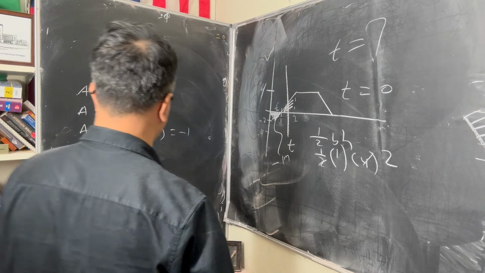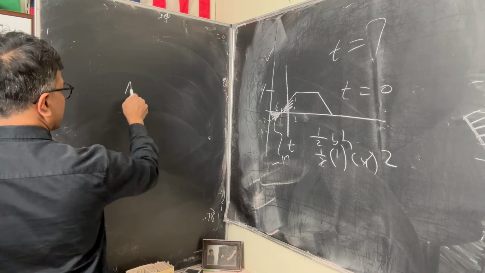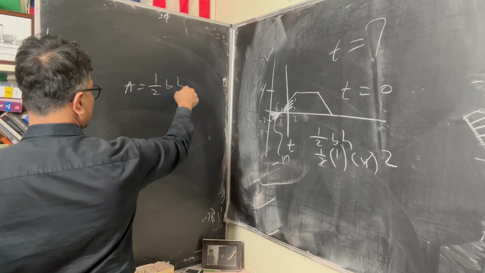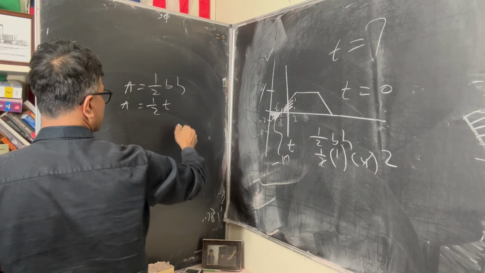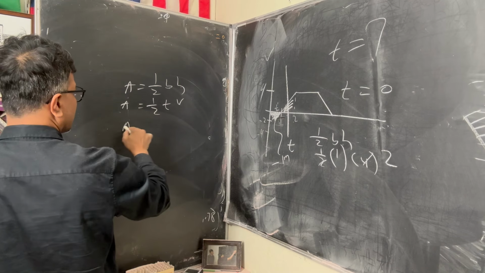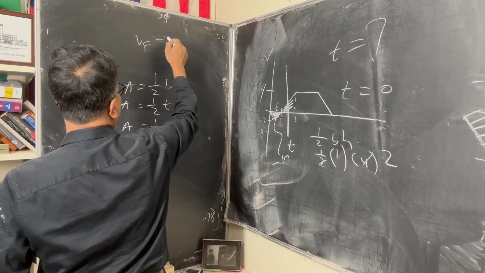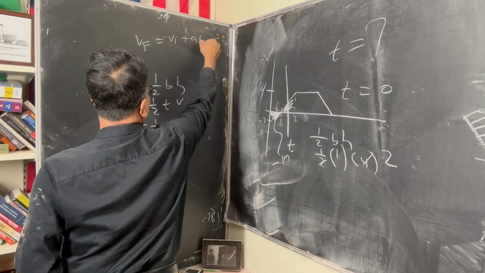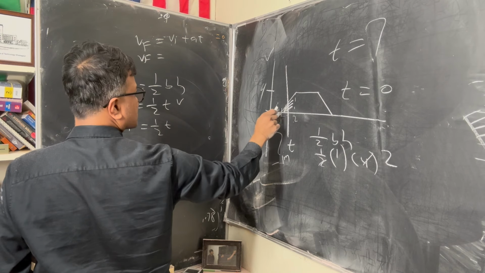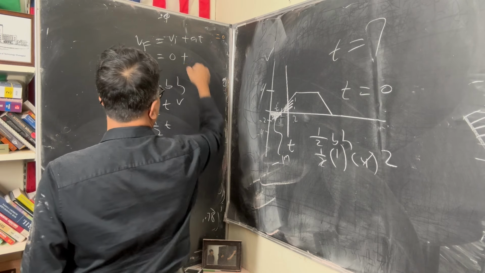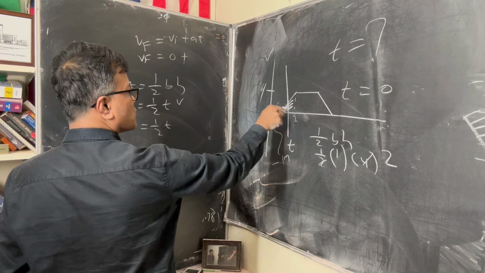Okay. How can I find this? By using area is equal to half BH. Area is equal to half. B is what? Time. And H is velocity. So area is half time times velocity. Velocity: VF is equal to VI plus AT. VI is 0 over here. Acceleration is 4 minus 0 divided by 2 minus 1.